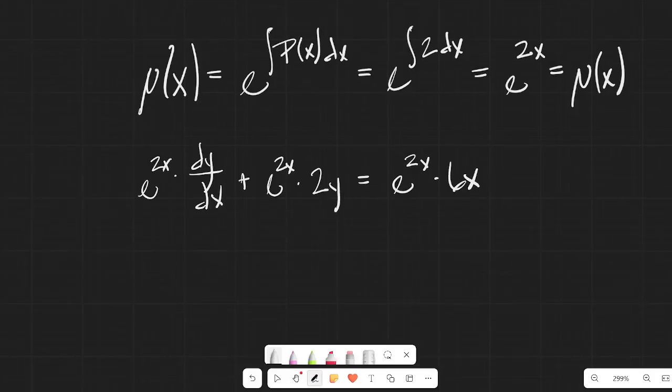Now there's something we have to realize about this. If I rewrite this in a simpler way, it will be better.